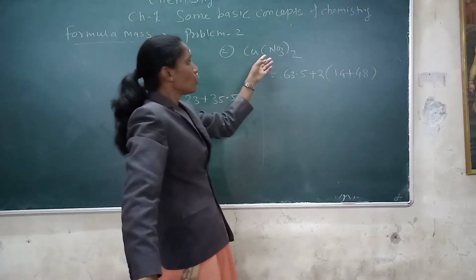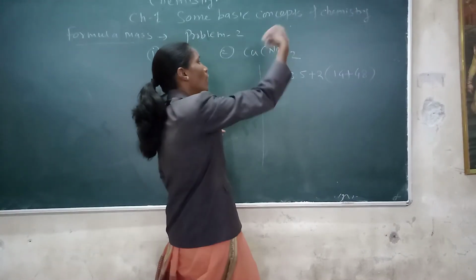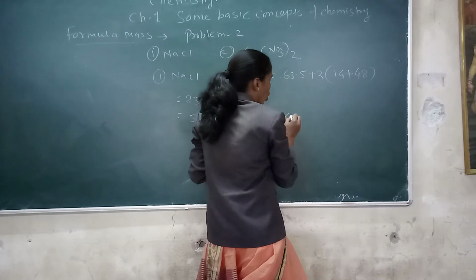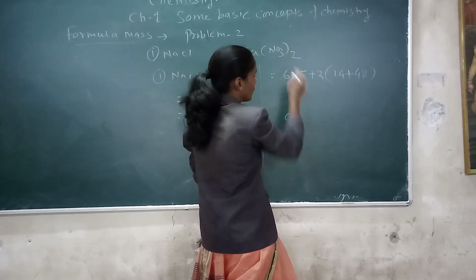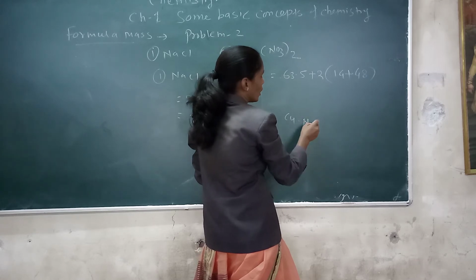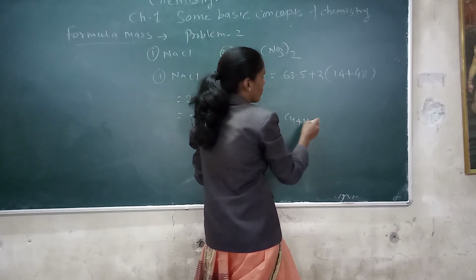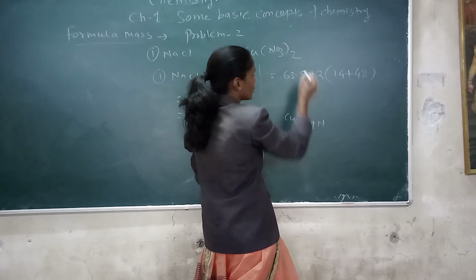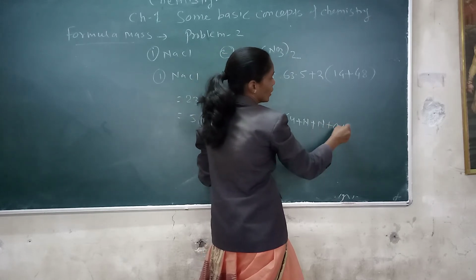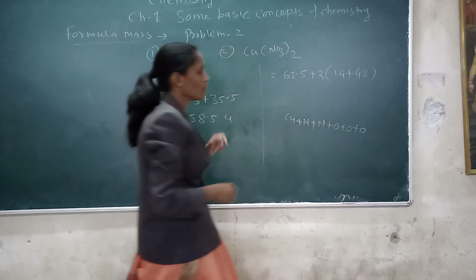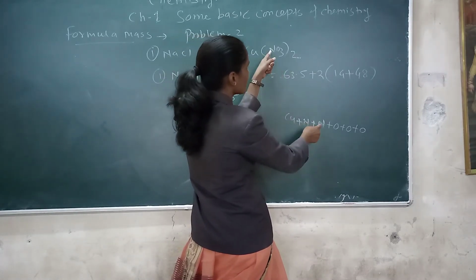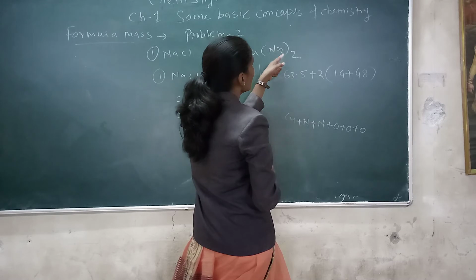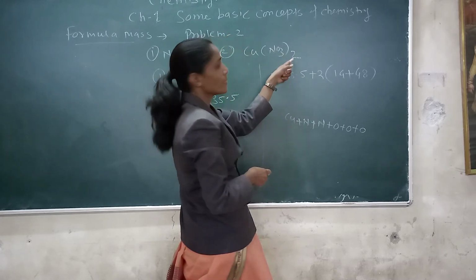Or another simple method: copper 1, nitrogen 2 times, nitrogen plus nitrogen, oxygen 3 times 2 means oxygen 6 times.